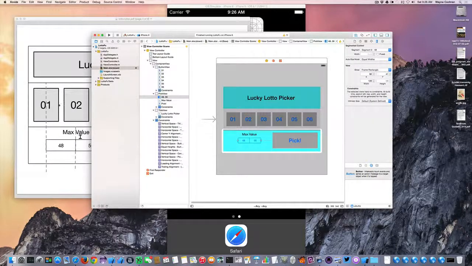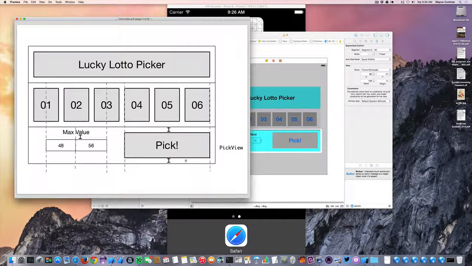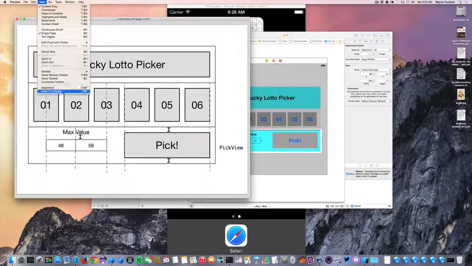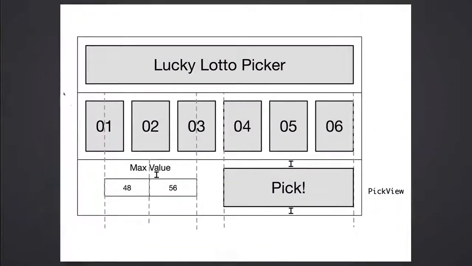For the segmented control, here's what I'm going to do. Zoom in here. On the segmented control, I'm going to have its trailing edge aligned with the center of the 3 button, and its leading edge aligned with the center of the 1 button.